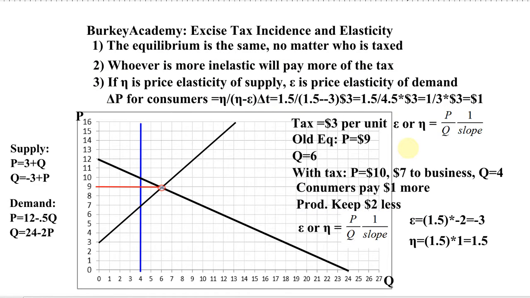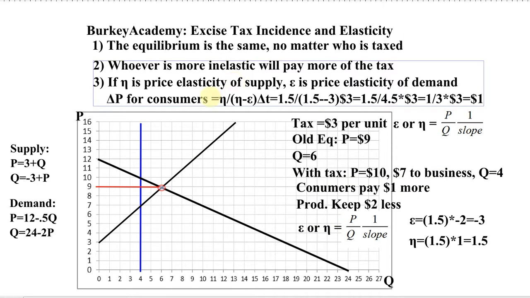Now, what's important here is that this formula works even if we don't have the exact equation for the demand, the exact equation for supply for a particular product. What if we only know the price elasticity of demand and the price elasticity of supply?